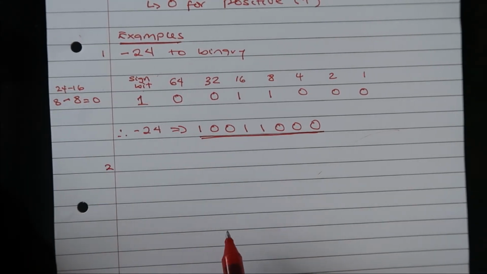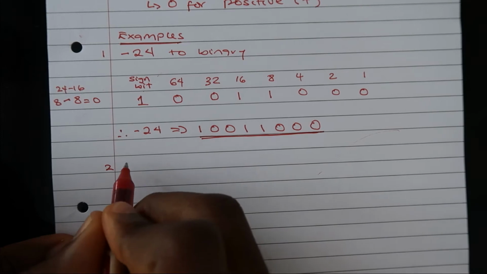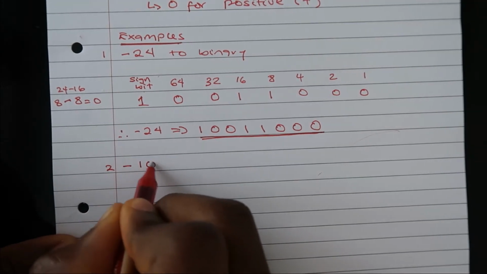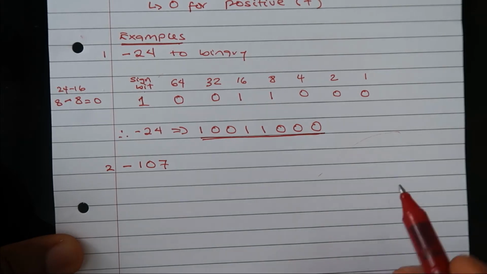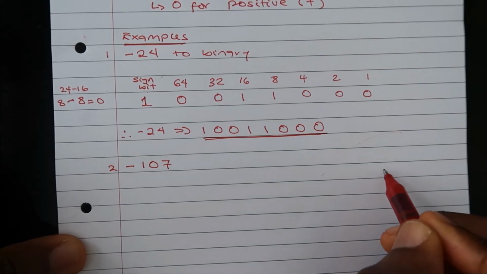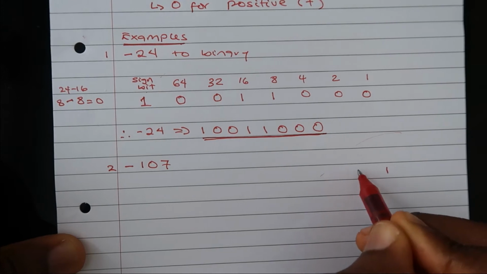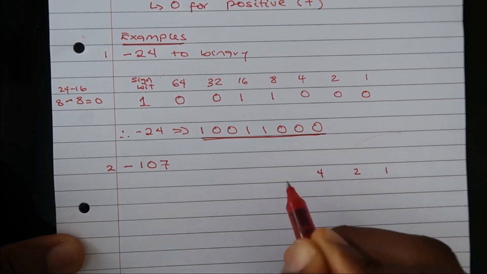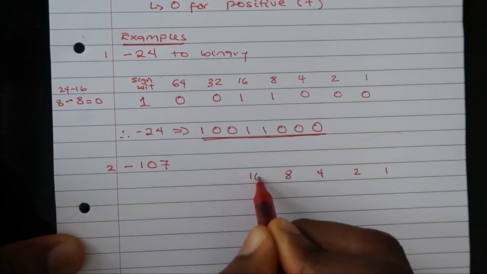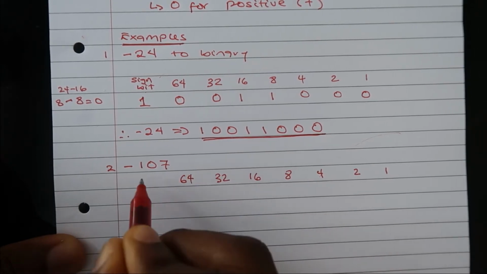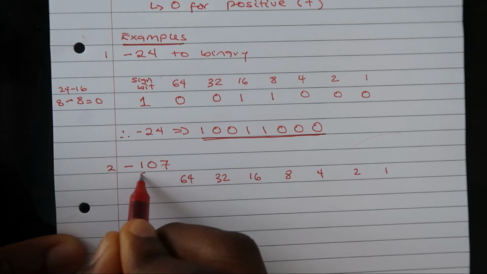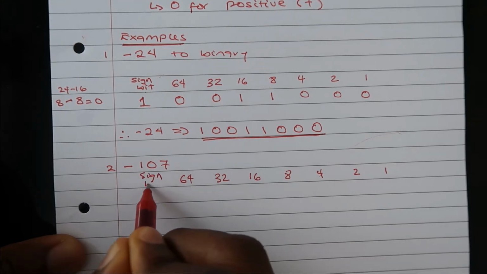In this example, we will be converting minus 107. Again, I'll write down my number sequence. I'd say 1, 2, 4, 8, 16, 32, 64, and the final bit here is my sign bit.